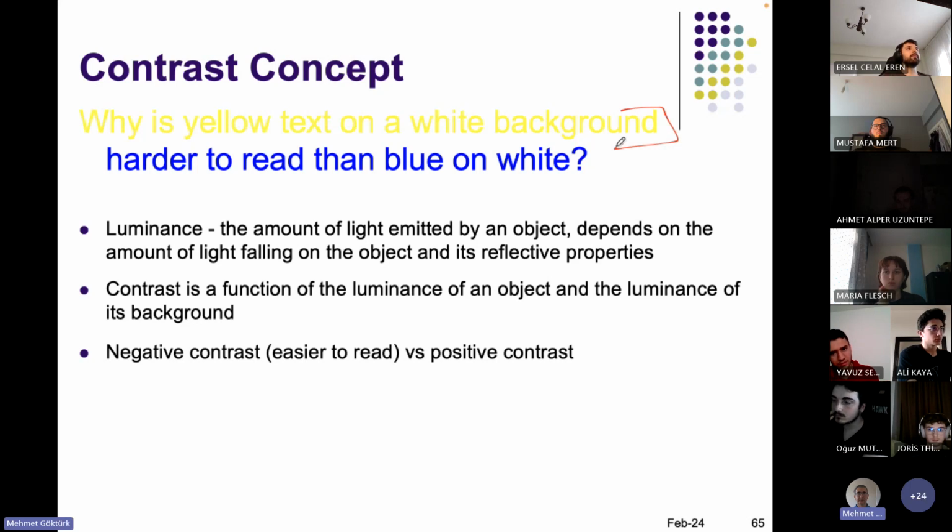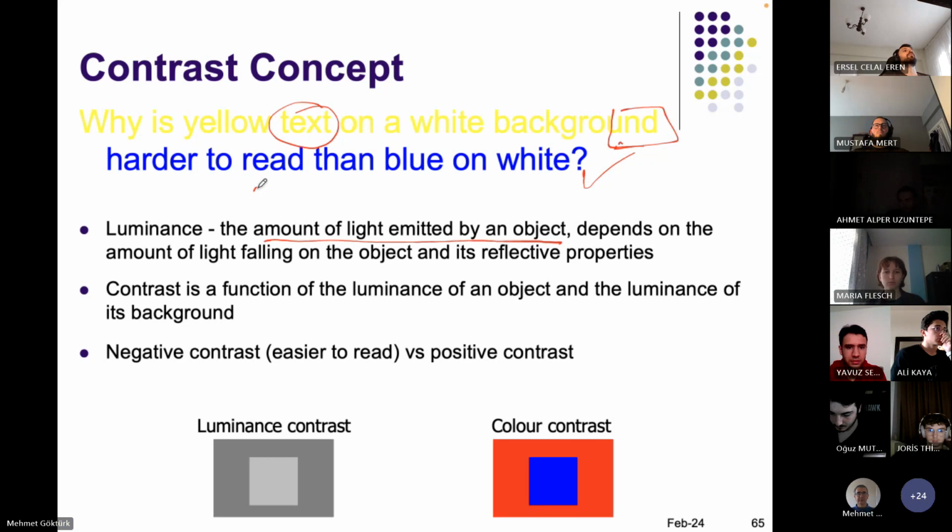Therefore, it is not only the color that makes a difference, it is the intensity of incoming light, the luminance, the amount of light emitted by the object. Therefore, there must be an adequate luminance difference in order to see something well. Otherwise, there is a signal here, but it is not as perceivable as the other one. There is no contrast. There is color contrast, but there is no luminance contrast.